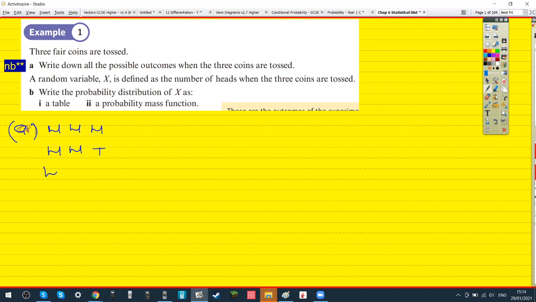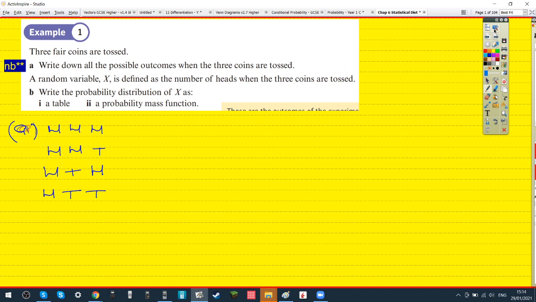Head, tail, back to head. And then tail, head. No, head, tail. Do it in that order. So head, tail. Tail, head.